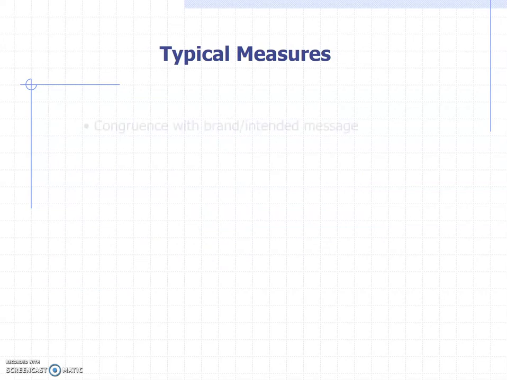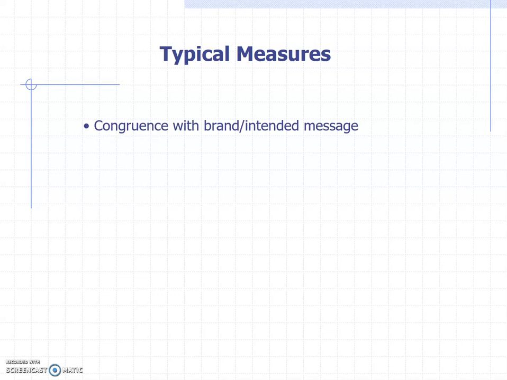Okay, so let's just look at some typical measures. First, one measure is, after you've seen the advertisement, testing how congruent the message and the brand are, the congruence with the brand and the intended message.